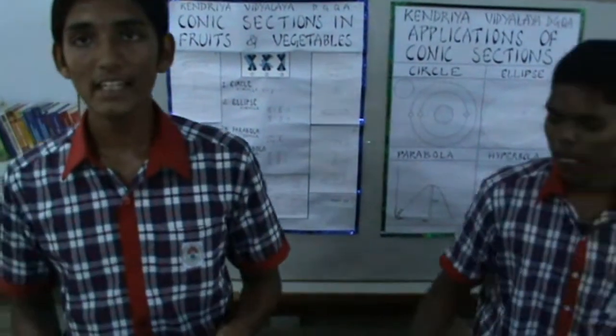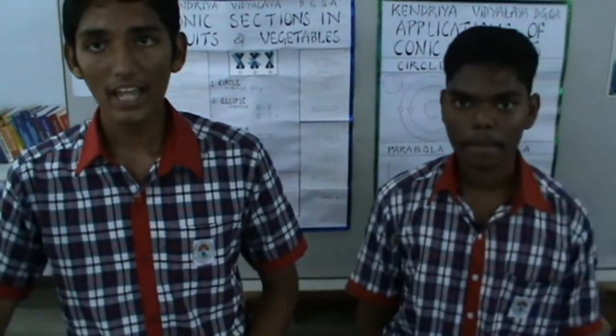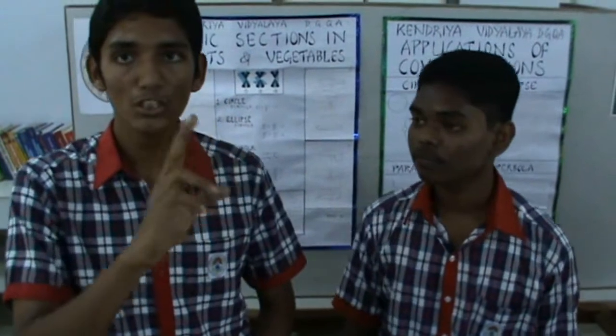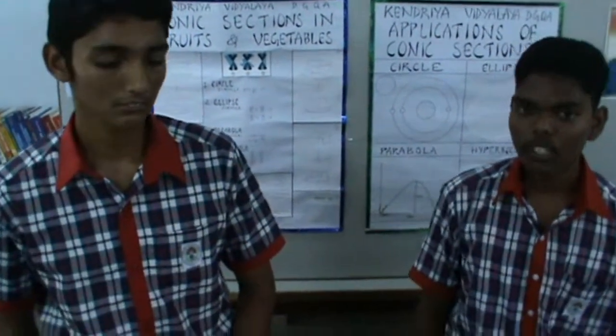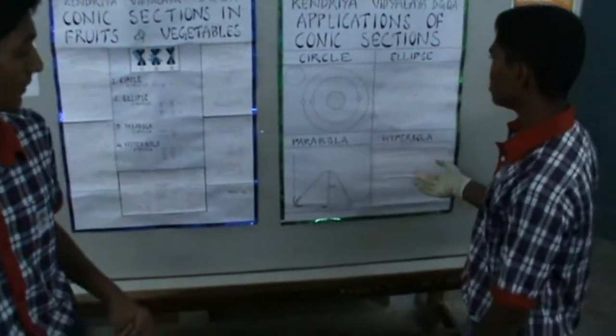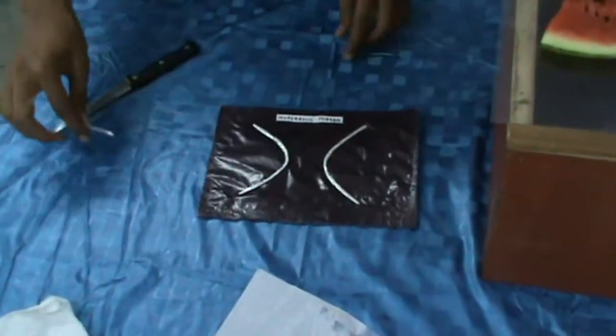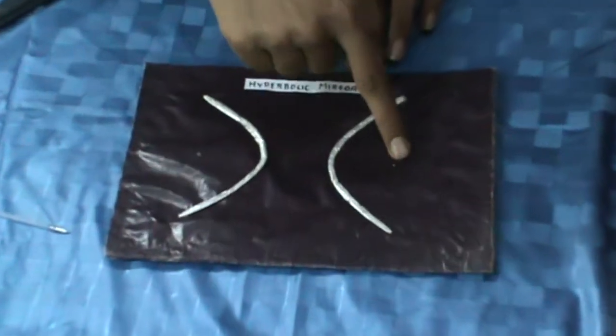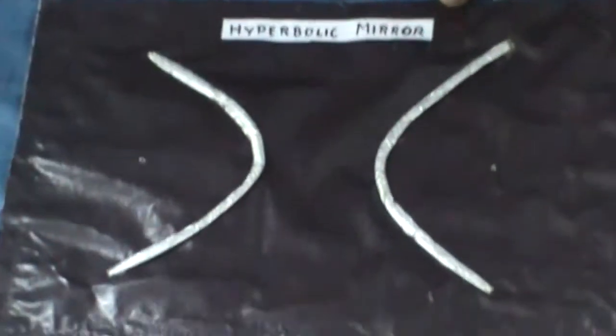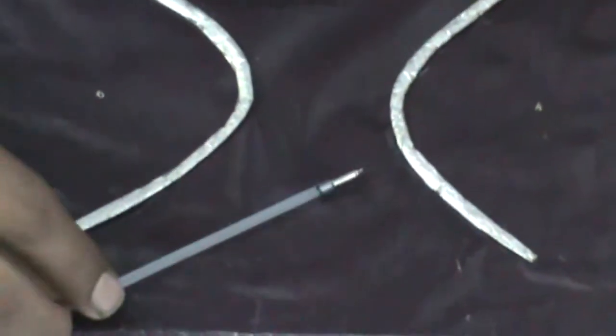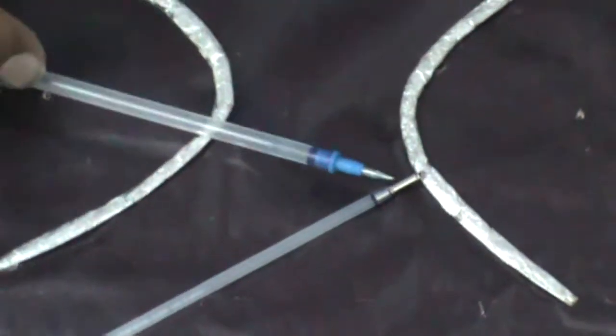If you see the Cassegrain reflecting telescopes, hyperbolic mirrors are used, and these mirrors have the property of deflecting light that falls towards one focus into the other focus. This can be seen in the picture given in the chart. The hyperbolic mirror has two foci, focus 1 and focus 2. Its property is that it directs a light ray falling towards one focus and deflects it into the other focus.